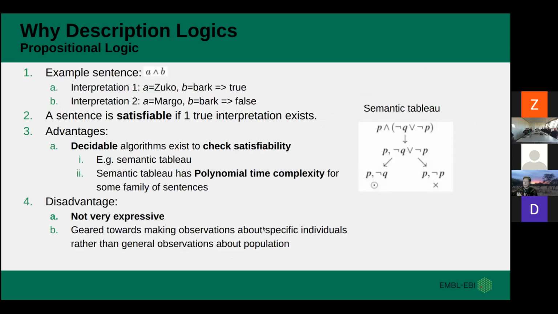Now if we look at propositional logic, it is something that we end up using in our daily lives, maybe way more often than we think. If I give you a sentence like A and B, this is an abstract logical sentence. You could have various interpretations for this sentence.